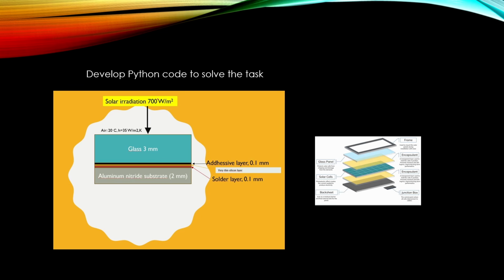And the solar irradiation is 700 watts per square meter, and we have air, and our heat transfer coefficient is 35 watts per square meter Kelvin.